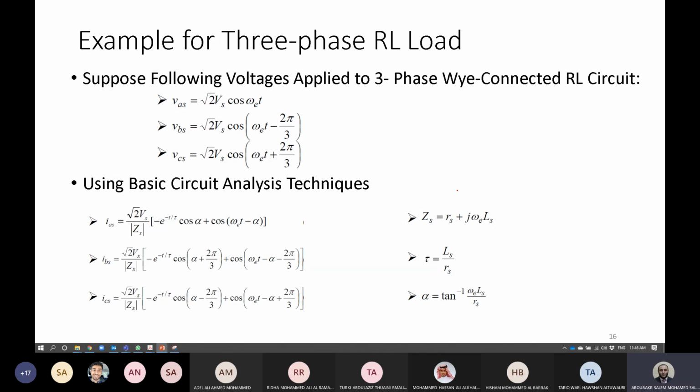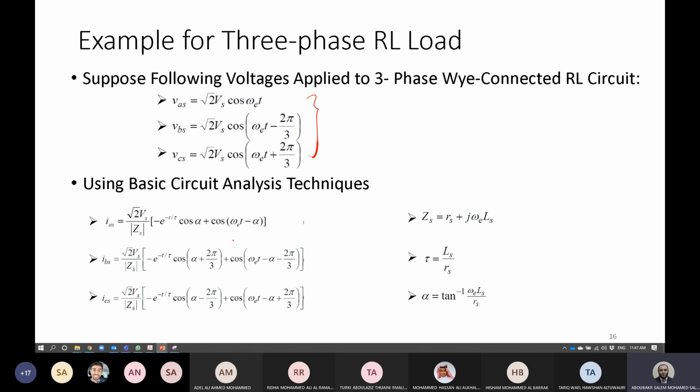Here we have a small example, just an AC circuit with three-phase supply. So this is a three-phase supply, A, B, and C, with phase shift 120 degrees and frequency omega E. And when you calculate the currents for each phase for the resistive inductive load, in order to calculate the current including a transient operation, you need to solve a differential equation and get the summation of two solutions, the particular solution and the homogeneous solution, or steady state and the transient.